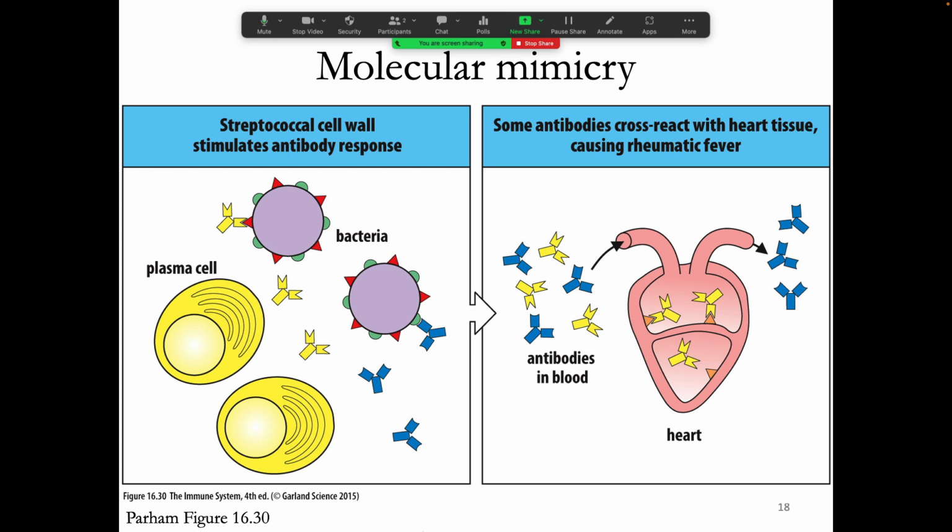Sometimes we can really find the antigens and the antibodies and see what the cross-reactivity is. So there are some well-documented cases, rheumatic fever being one of them.